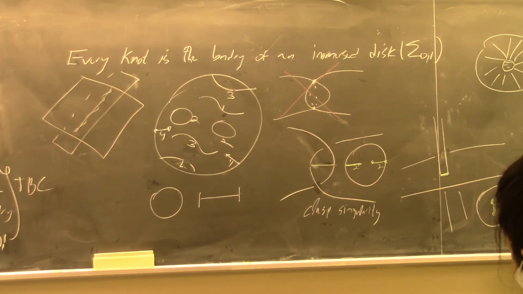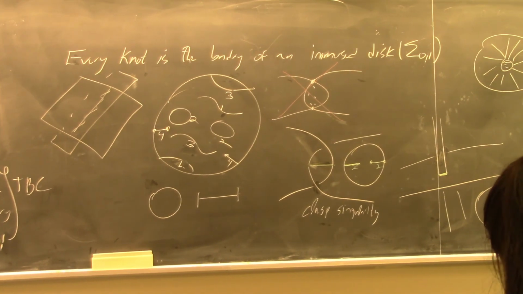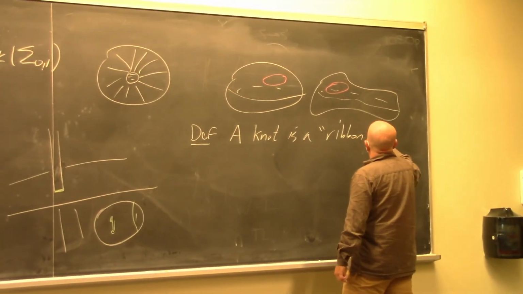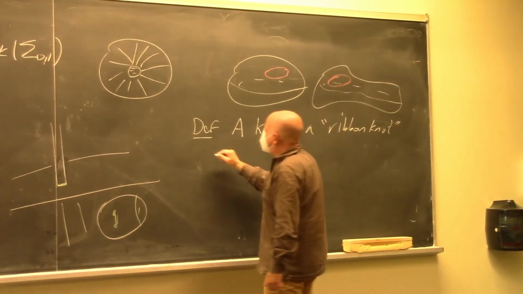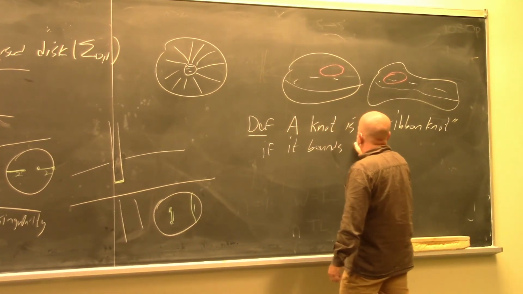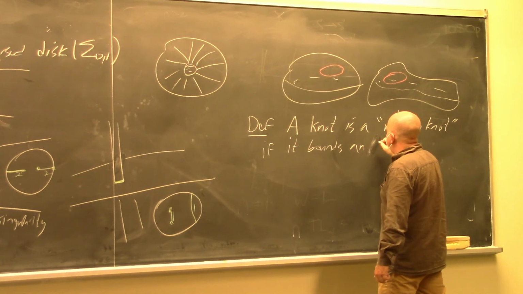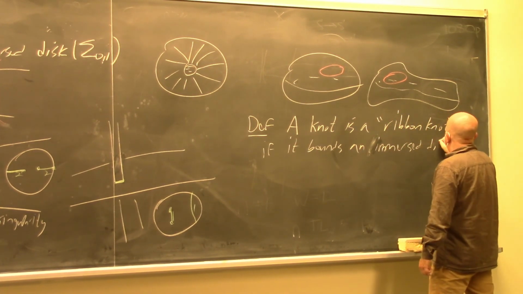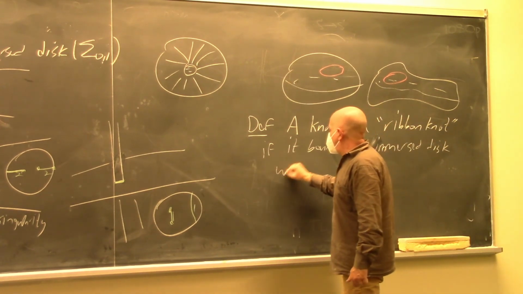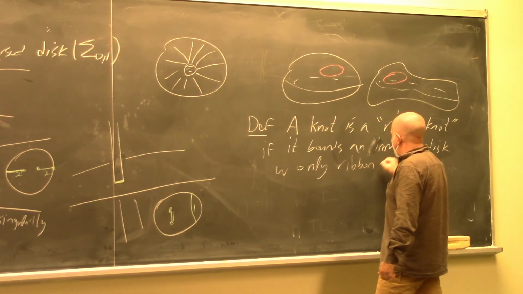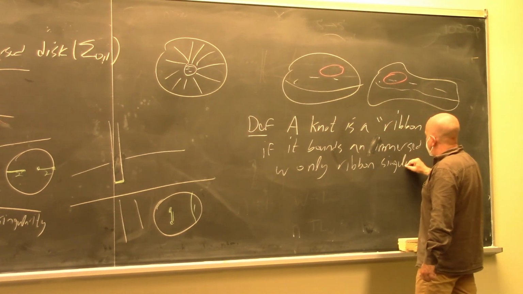And then, definition: a knot is a so-called ribbon knot if it bounds an immersed disk with only ribbon singularities.